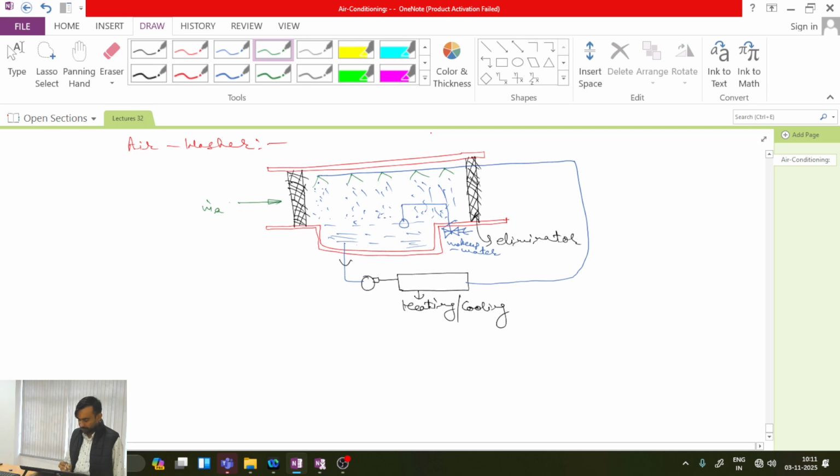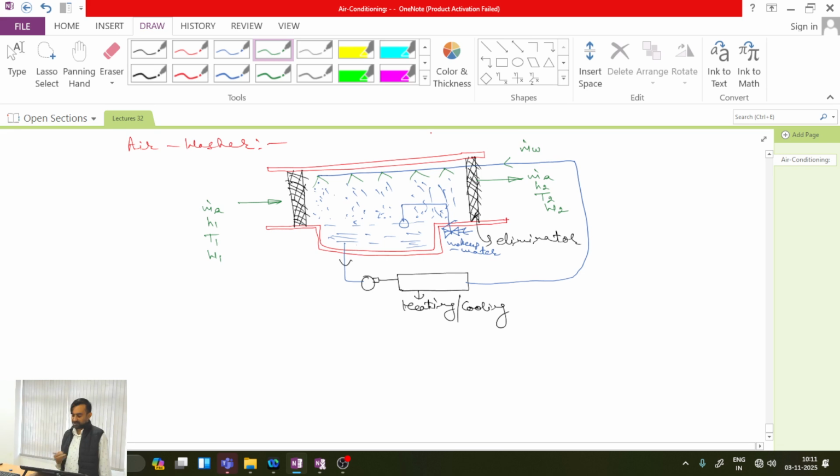Now let us consider that m dot a amount of air is coming in. Of course m dot a amount of air will be going out. Let's consider its initial enthalpy was H1, temperature T1, and humidity W1. When this air is going out, its enthalpy is H2, temperature is T2, and humidity is W2. Now let's consider that water at the rate of m dot w is sprayed.